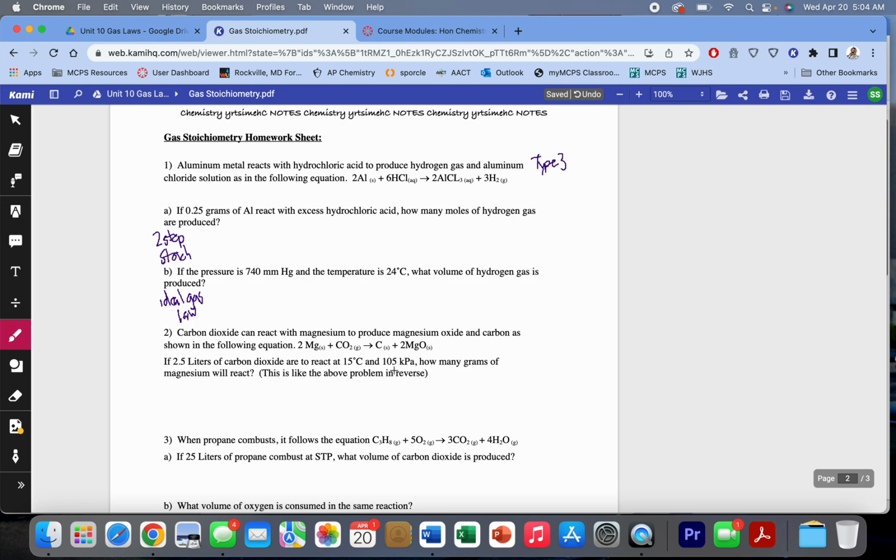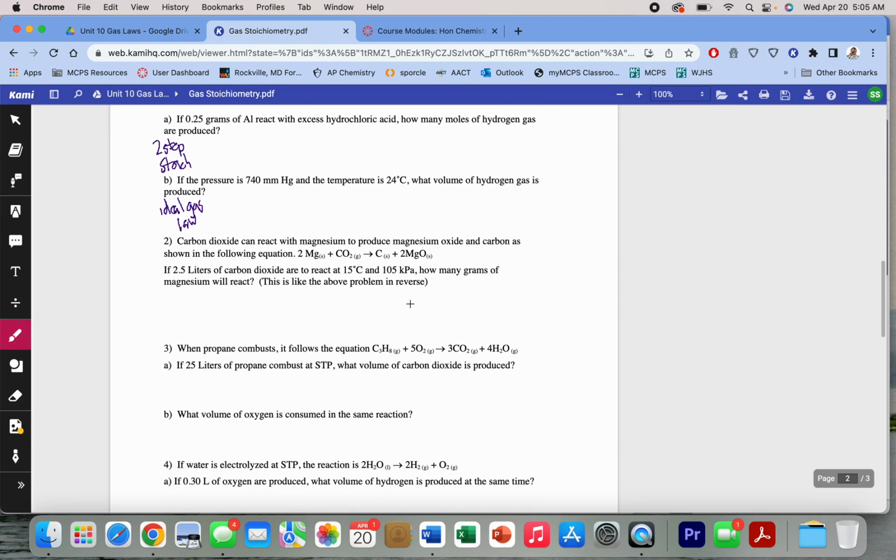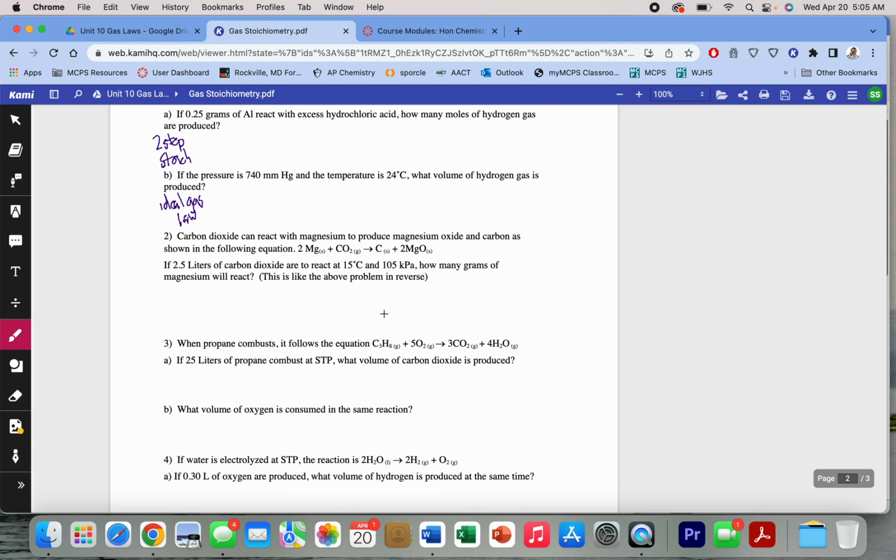And let's see, in this next one, we know temperature and pressure, and it's basically the same problem in reverse. So we're going from liters back to grams, so we'll just use the ideal gas law first. Right, and then we will do 2-step stoichiometry.